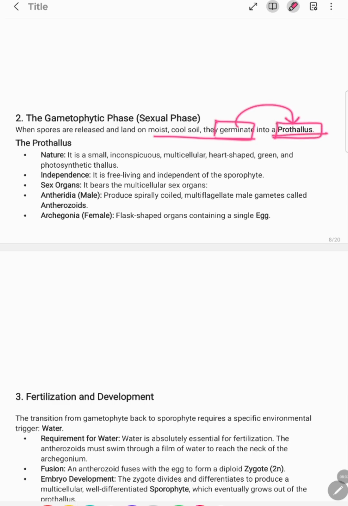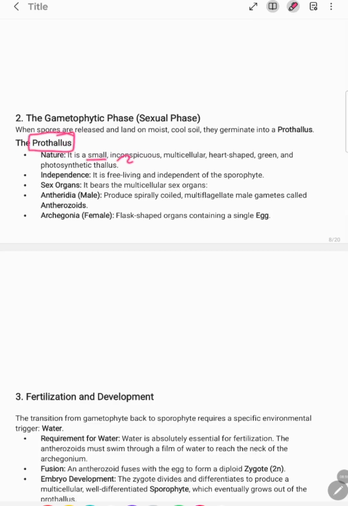They form a prothallus. And what is the nature of your prothallus? The formed prothallus from your spores is small in nature, inconspicuous, multicellular, heart-shaped, green, and photosynthetic in nature.